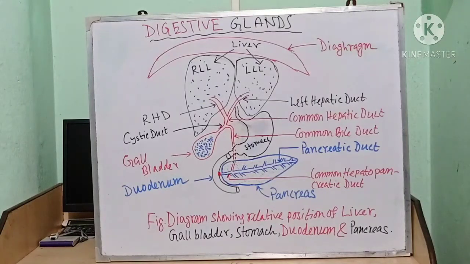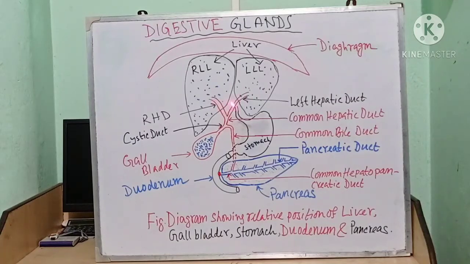Now, I told earlier that bile is a secretory as well as excretory product of the liver. Now, components of bile. The total volume of bile is 500 to 1000 ml.